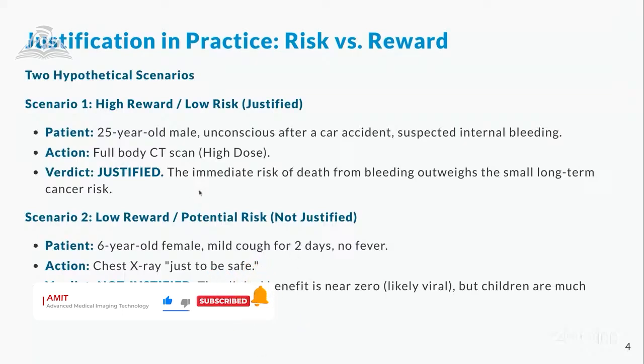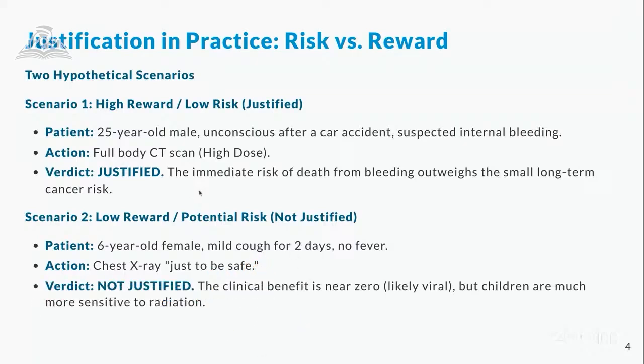Now, the second scenario is very different. It's not justified in this scenario. Let's say we have a 6-year-old female patient with a mild cough for 2 days and no fever. If we do a chest X-ray just to be safe, that would be unjustified because the clinical benefit is near zero. This is likely a viral infection.